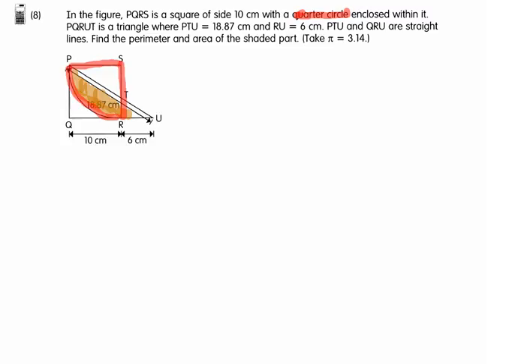Find the perimeter and area of the shaded part. Okay, to find the area of the shaded part, there's two parts we need to find, right? Okay, so this is the shaded part as well, right? And this is the shaded part.